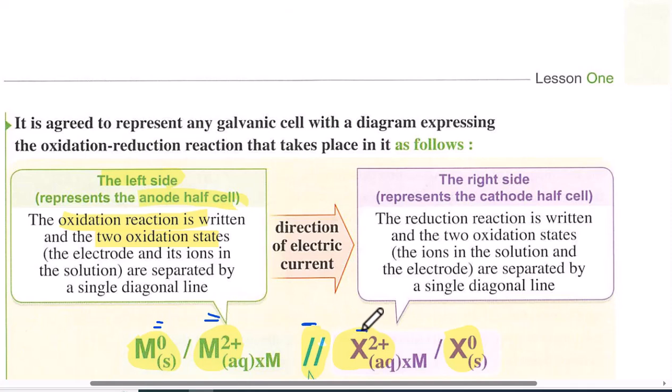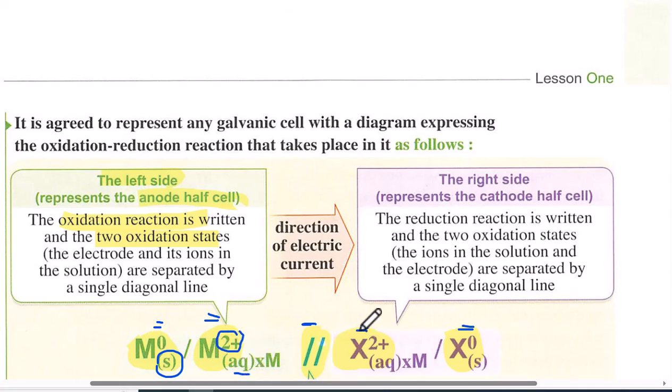So the higher oxidation state is written first, then the reduction process. We have to indicate the physical state. Here M0 is solid, from the sheet electrode, and M positive 2 dissolves in the solution, in the aqueous form.